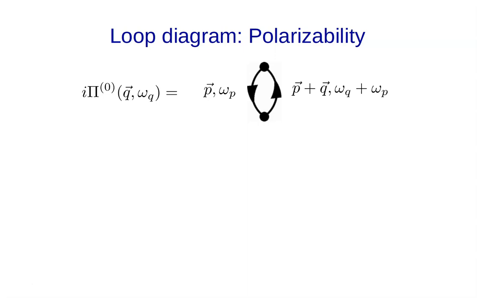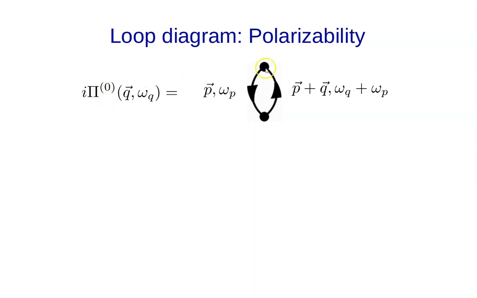Okay, so now let's take a look at these diagrams, these loop diagrams. I'm going to define this quantity i times pi 0 of q and omega q, which is essentially the quantity defined by these diagrams.